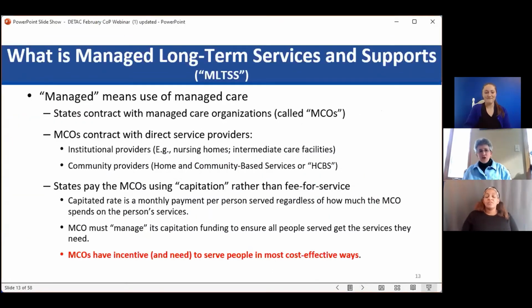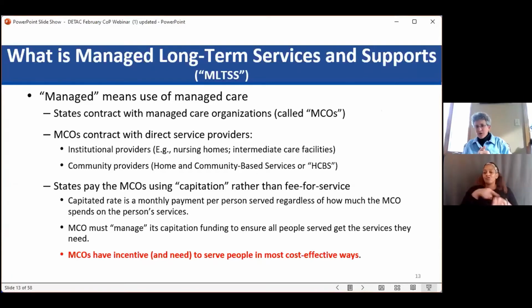So what is managed long-term services and supports? Called MLTSS for short sometimes. Managed means essentially it's the use of managed care. And in managed care, states contract with managed care organizations, sometimes called MCOs for short. And the state no longer runs the long-term care system per se. They contract out the responsibility to managed care organizations.